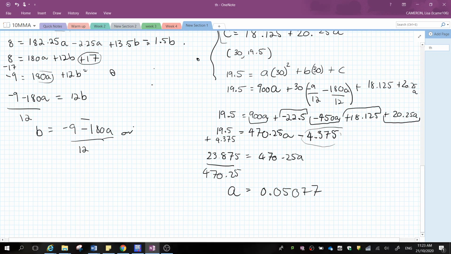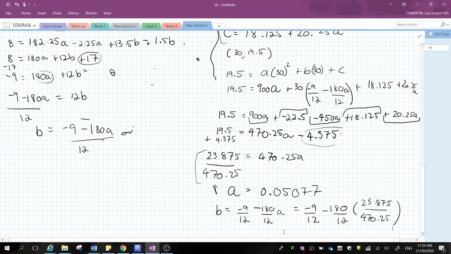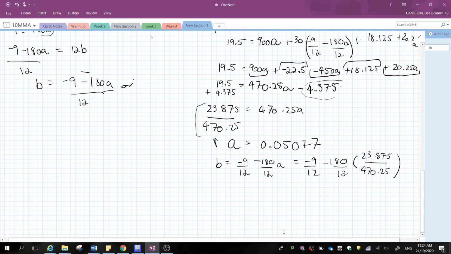Okay, so now I can take this as my A value and I'm going to substitute it back in to find B. So B was equal to negative 9 over 12 minus 180 over 12a, and I'm using this a up here. So that's equal to negative 9 over 12 minus 180 over 12 bracket 23.875 divided by 470.25. And pop that in the calculator.